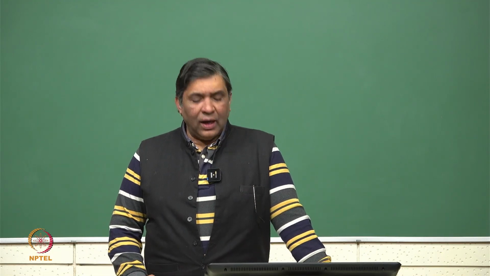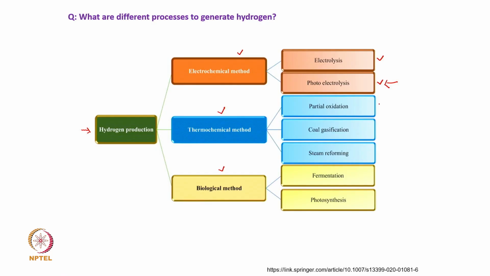Now what are the other methods that people use? Also, a large amount of hydrogen production is taking place using these methods. One is partial oxidation, which falls in the thermochemical method.